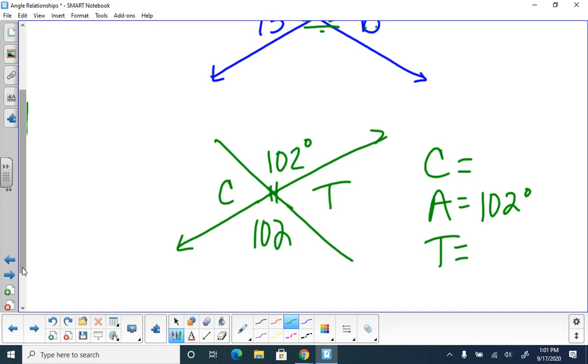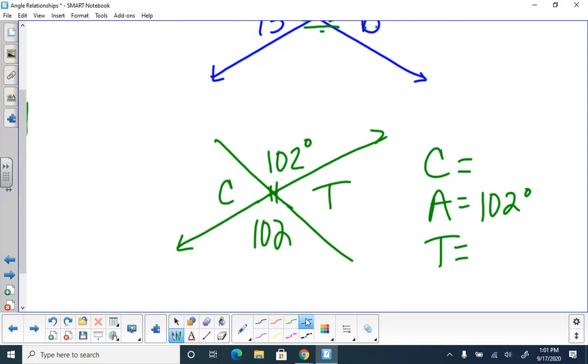All right, so now I came to you guys and I said, okay, how do we find C or T? I came up to a lot of you and I took your calculator and I covered up the 102 and the T because I was trying to get you to see that these two angles together, the adjacent, the next two, make a straight line. So what did I have to do mathematically to find out what C was?